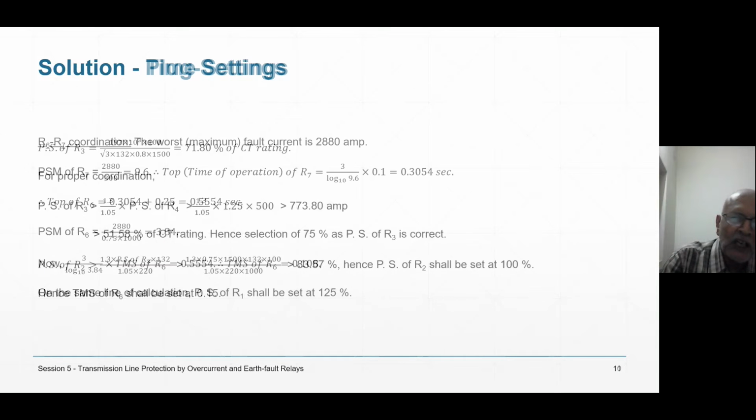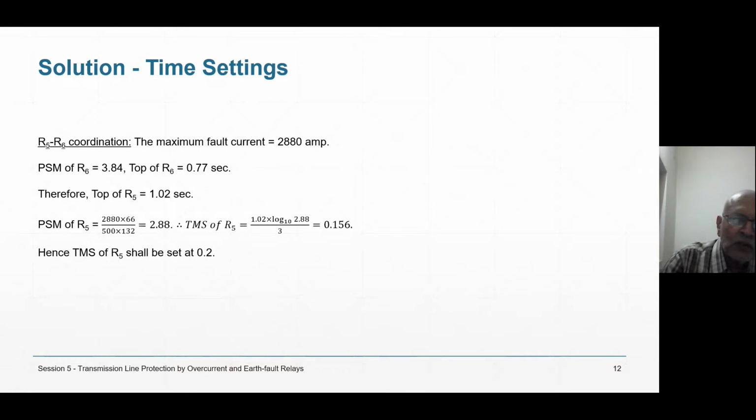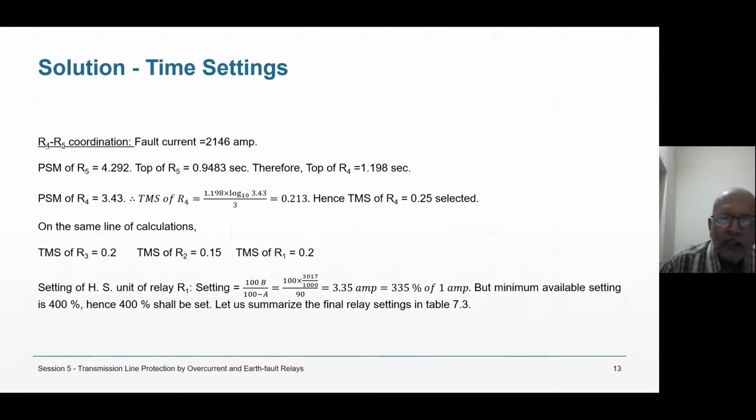You have to take 3017 to the secondary, divided by 1000. So 100 into this, divided by 100 minus 10, which is 90, gives 3.35, that is 335%. Therefore, I should go to 350% if 50% steps are given. If 100% steps are given, I have to select 400%.